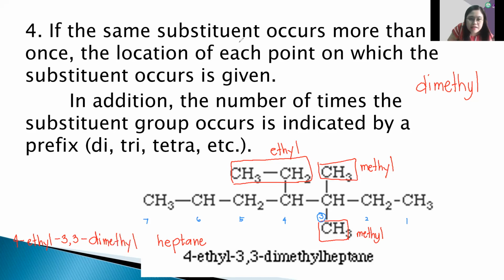And then let's adjust the heptane. Wait a moment. And then we have here the heptane. So yes, this one is the correct name of what is given on the screen: 4-ethyl-3,3-dimethylheptane. Yes, Jendi, are you raising your hand?